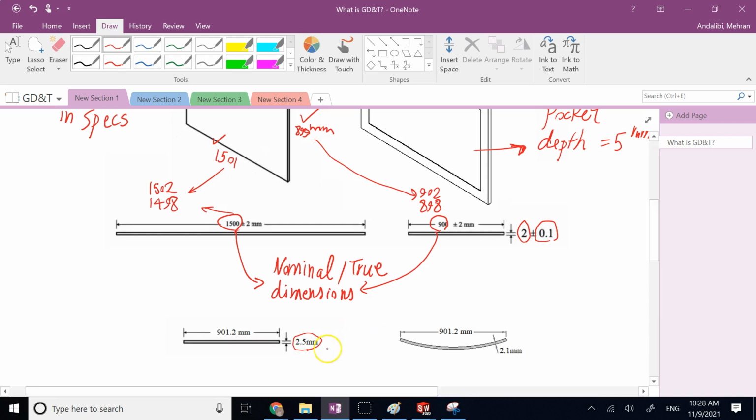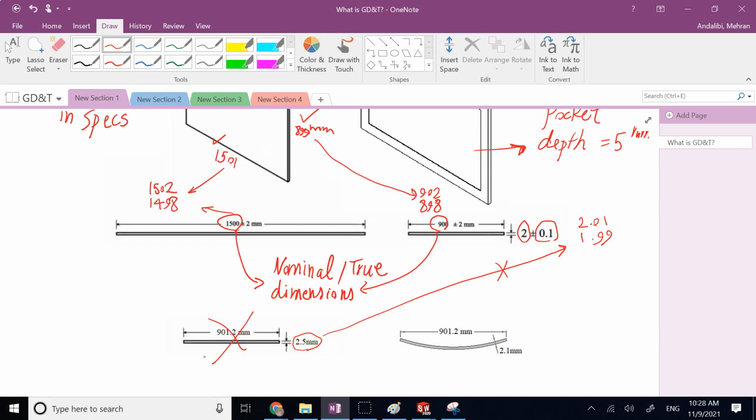Then you say, well, look, I wanted it to be between 2.01 and 1.99. This number is clearly not in that range, so I'm going to reject this part. And I say, well, that's not what I wanted, because it doesn't fit my thickness tolerance.